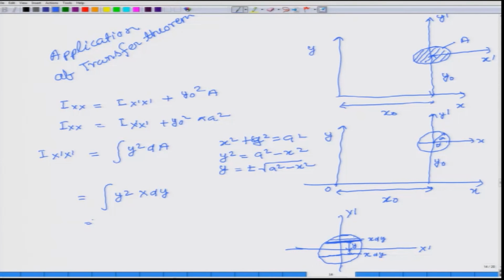So, from this formula, what is the x? x equal to actually plus minus root a square minus y square, right. So, if we want to find out the length of this strip, that would be equal to 2x. Okay. So, let me make a clear picture.